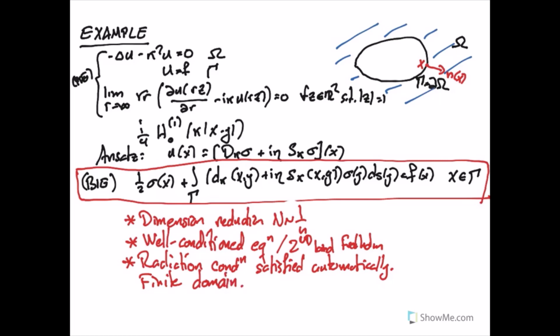The drawbacks, as I believe I mentioned earlier, again, you get a dense linear system, because the operators you discretize are global, and you have some issues with kernel singularities. And then just infrastructure. There's much less infrastructure for these types of methods.